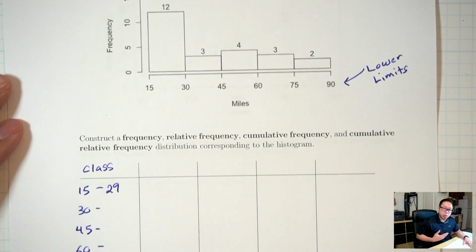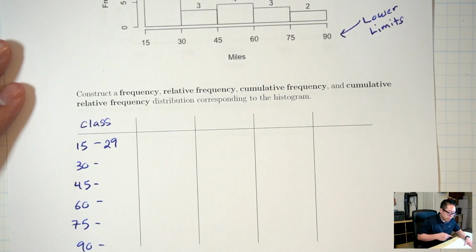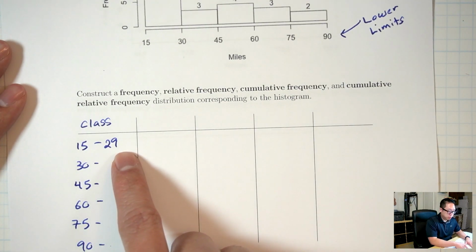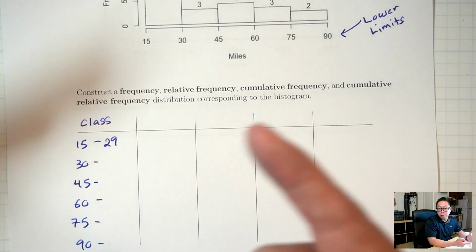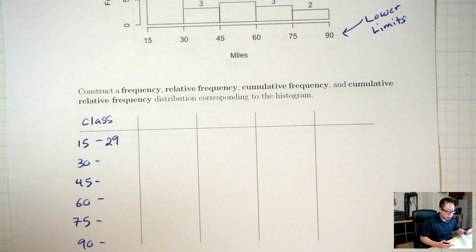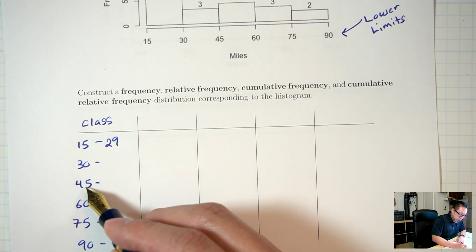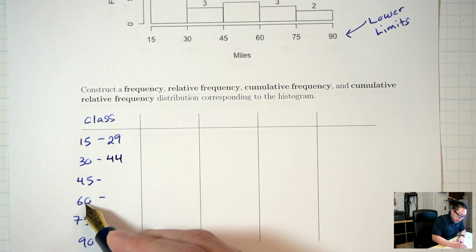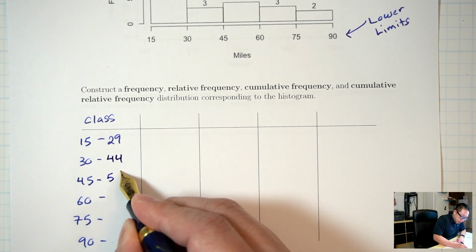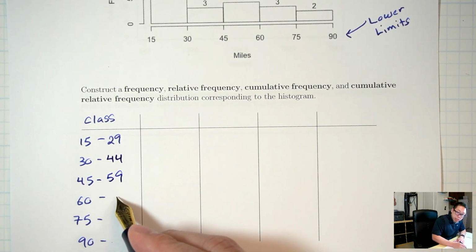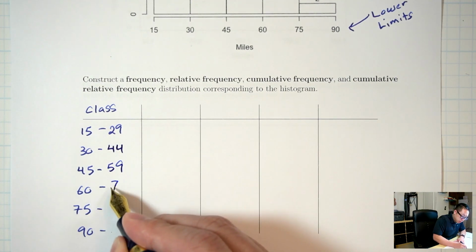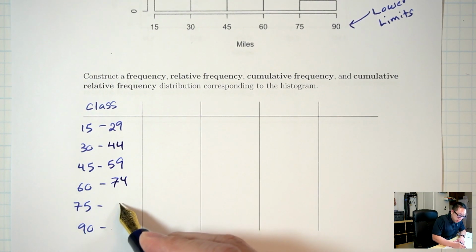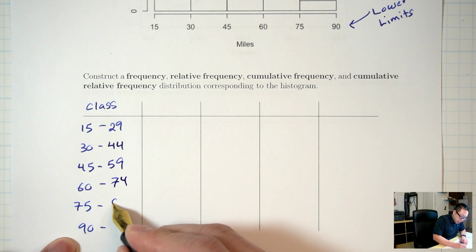Here, we don't have the original data, so it's okay to just use a whole number. You can put 29.99 if you want, but because we don't have the data, you can just use whole numbers. The next one should be slightly below 45, which is 44. The next one is slightly below 60, 59. The next one, slightly below 75, which is 74. Slightly below 90, which is 89.